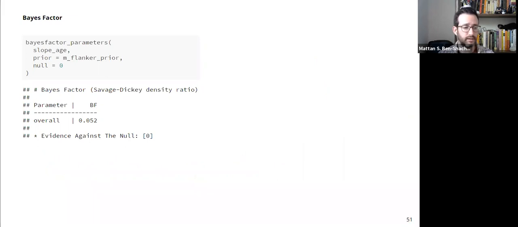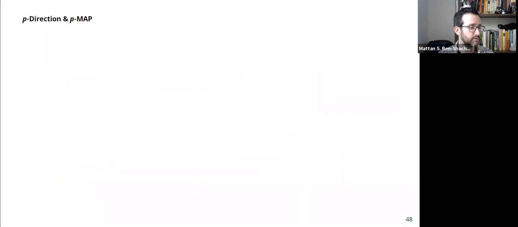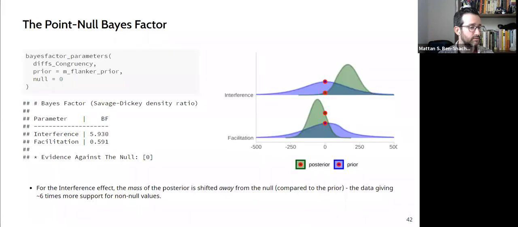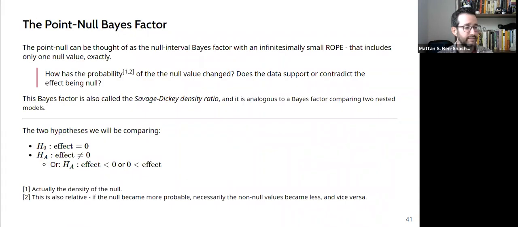But as I said, this type of Bayes factor where we look at the prior and posterior and compare just to a point null is analogous to a Bayes factor comparing nested models. So if you were to compute in JASP or anywhere else a Bayes factor between a model with some parameter compared to a model without that parameter, they would be nested, and that Bayes factor would be very, very close to a Bayes factor that you would get with this method.